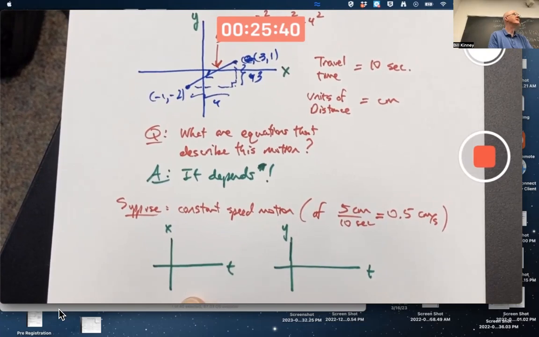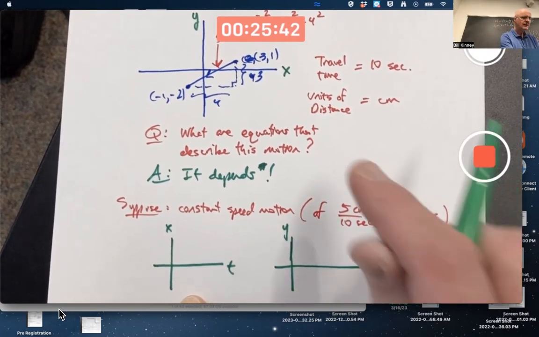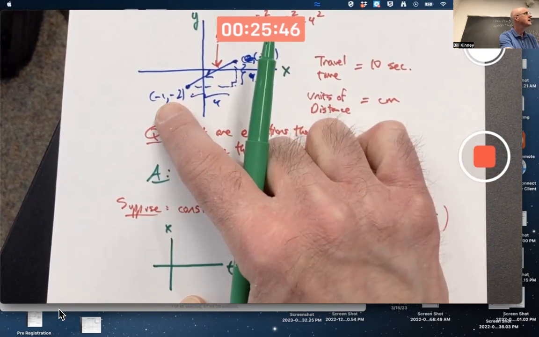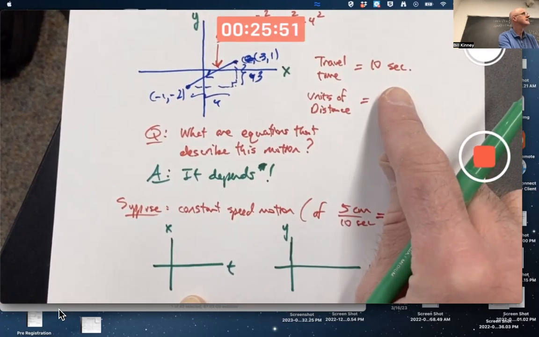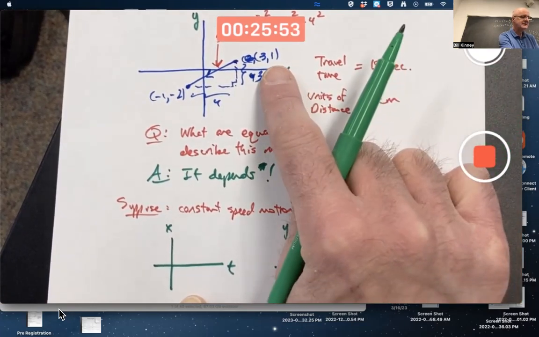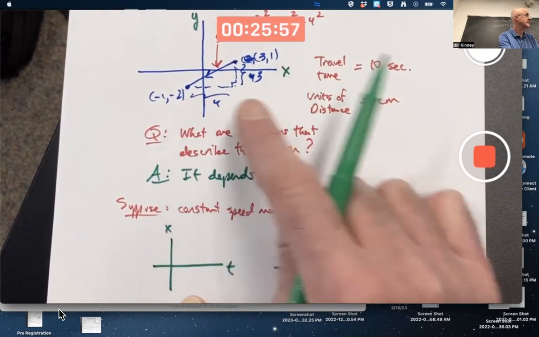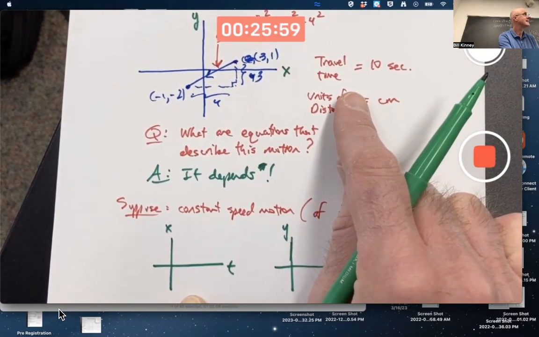Think about each coordinate individually. X is decreasing from 3 down to -1 as t increases from 0 to 10. And y is decreasing from 1 down to -2 as t increases from 0 to 10.